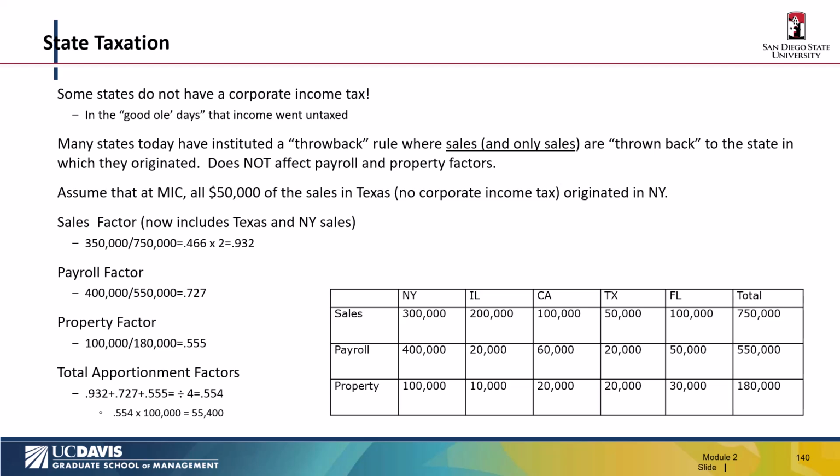So now the sales factor in New York isn't just 300, it's the 300 plus the 50 from Texas. So 350 over 750 is now 0.466. If we double weight that, it's 0.932, et cetera, et cetera. So the throwback rule is a way of tapping into some of that income that is otherwise untaxed because it's into a non-tax state.